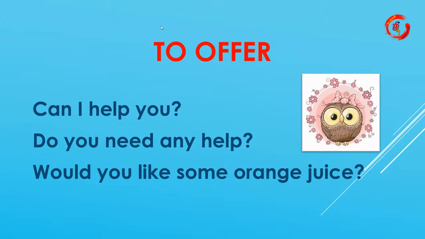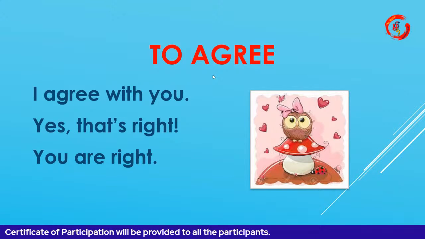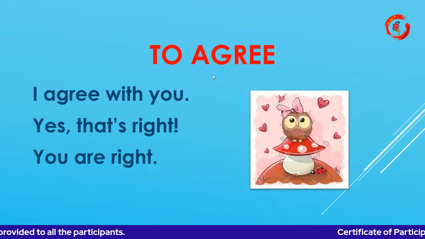All right, students. Now let's see what is the next social function. To agree. You're going to agree with something. You're going to say, yes, I'm okay with that. How are you going to say it? There are 3 ways you can say it. I agree with you.